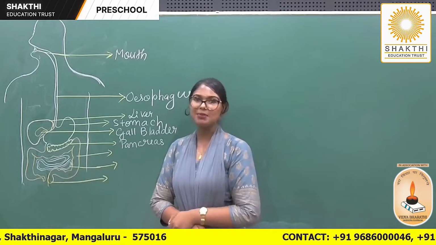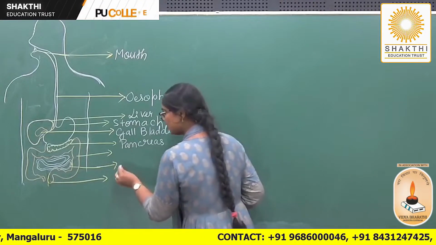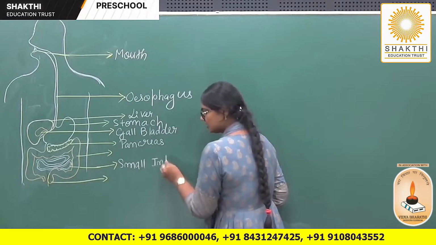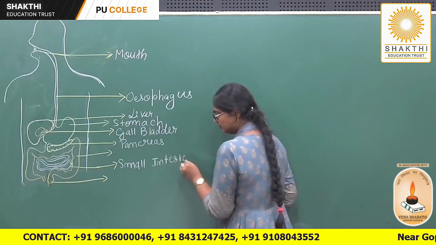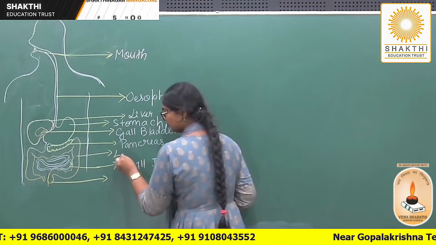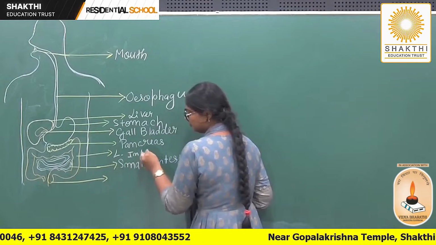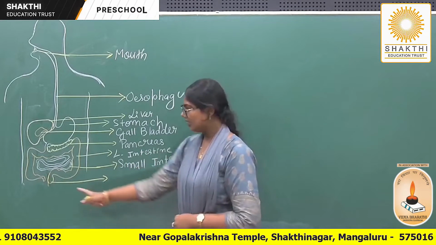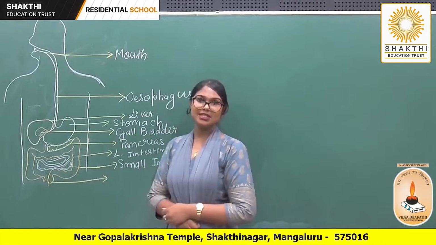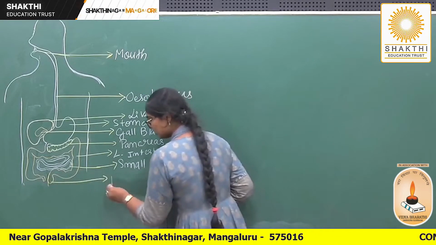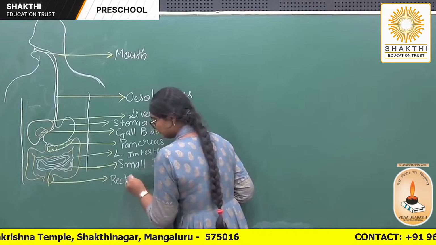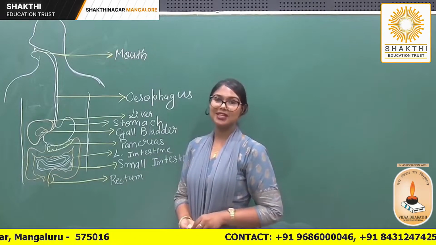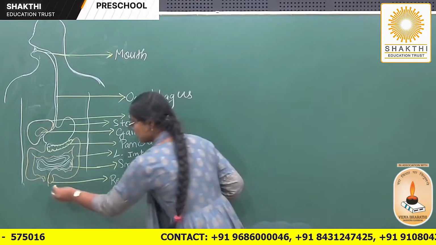The smaller pipe is called as the small intestine and the larger one is called as the large intestine. The last part of the large intestine is a bit enlarged portion, and that we call it as the rectum. The ending portion of the rectum is called as the anus.